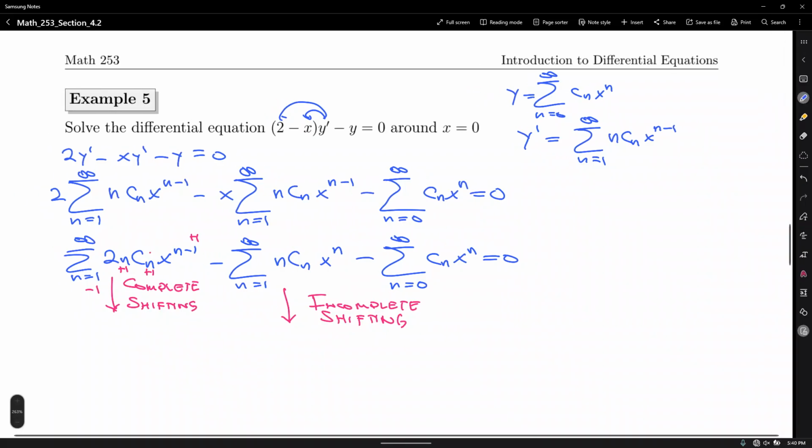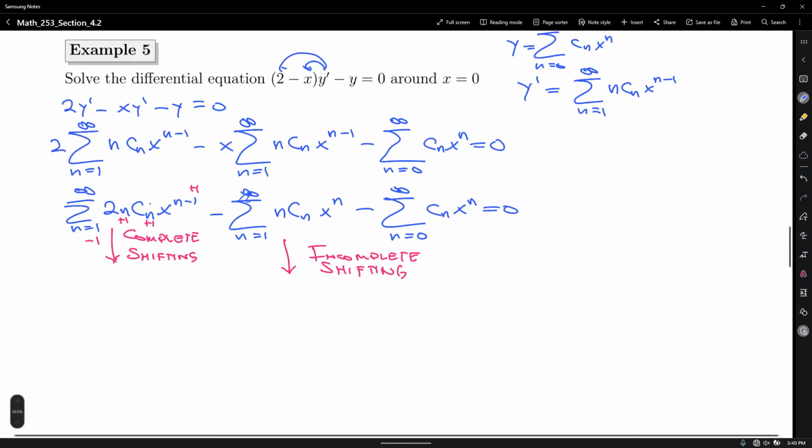Guys, yes, I agree. This is one of the hardest parts of the problem. Again, it's like the mini boss in a video game. So, that'll be the sum from n equals 0 to infinity of 2 times (n plus 1) c sub n plus 1 x to the n plus 1 minus 1, that's x to the n, minus the sum from n equals 0 to infinity.